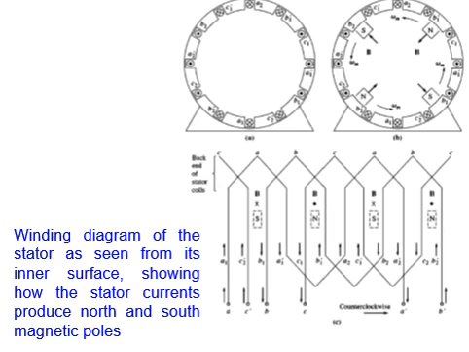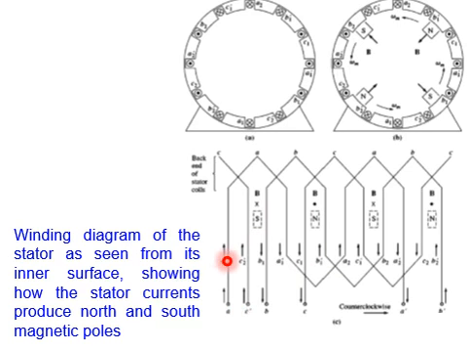Now we want to see the winding diagram. This is the winding diagram with 4 poles. Now we see from its inner surface how the stator currents produce north and south magnetic poles in this stator.